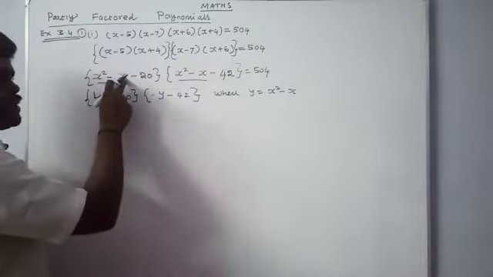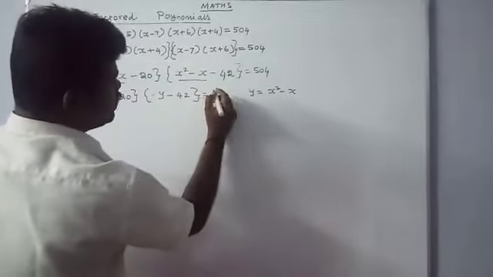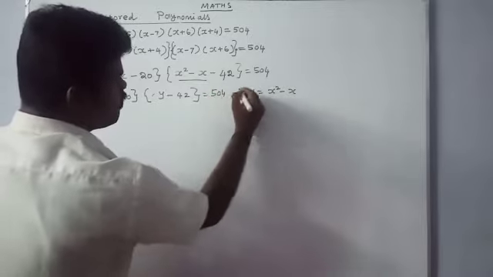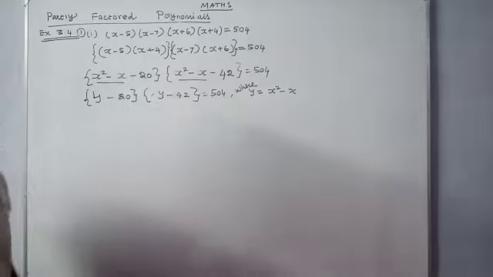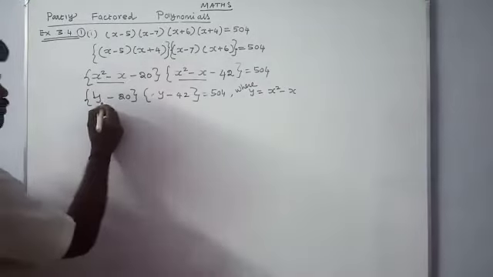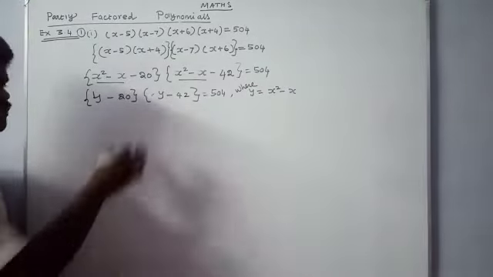Replace x squared minus x by y. So we can write (y minus 20)(y minus 42) equal to 504, where y is equal to x squared minus x.